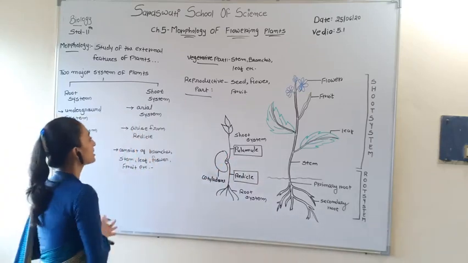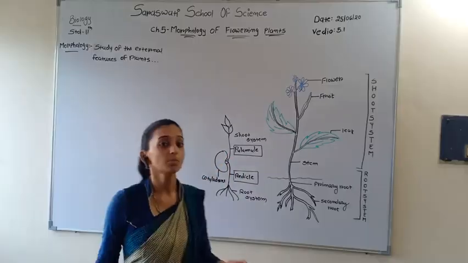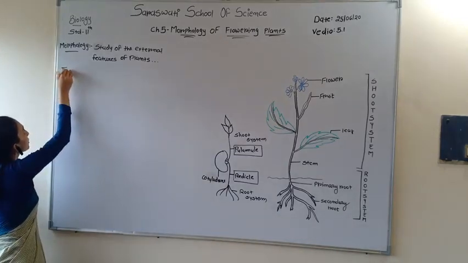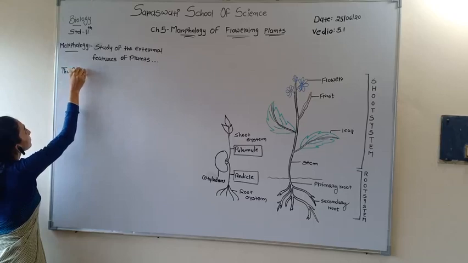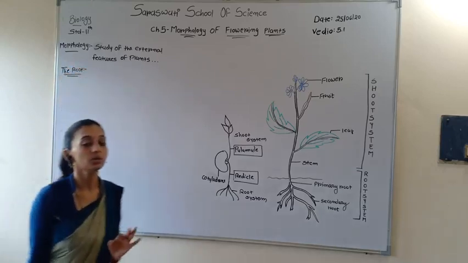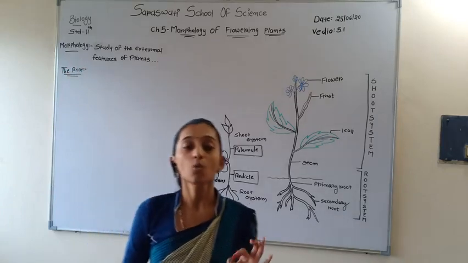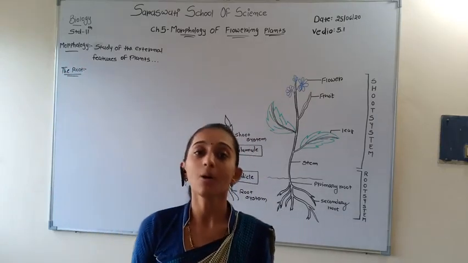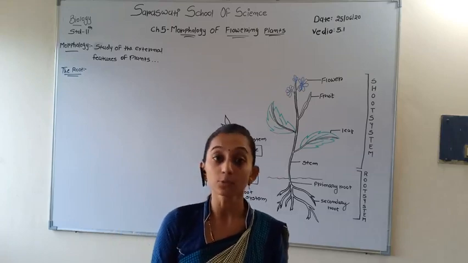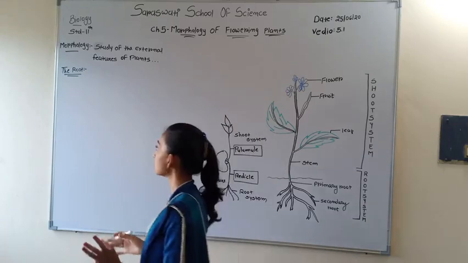Now first we discuss the root system, the first part of the flowering plant, that is the root. Students, you know well what a root is. You have already seen various plants and various types of roots. Now we discuss the root.